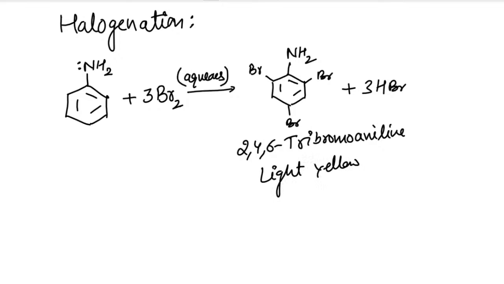Which is of light yellow precipitates. So see, all the three positions are occupied, ortho as well as para positions, because a polar solvent like water increases the electrophilicity of bromine. Got it? What I said?